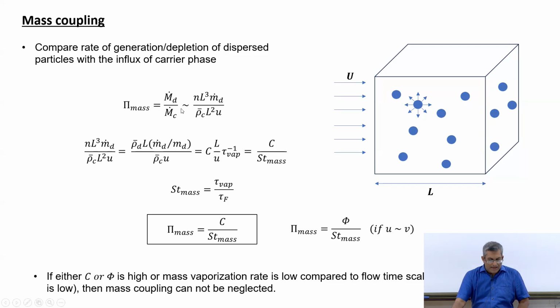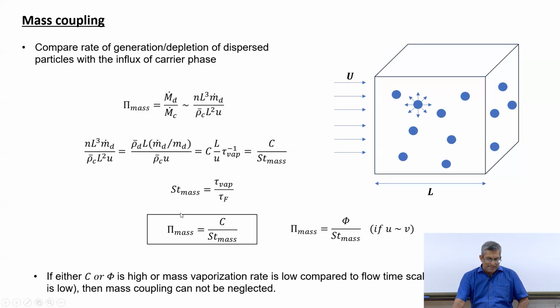By simplifying this expression, we see that this mass coupling parameter can be expressed as a ratio of the mass concentration, that itself is the ratio of mass of particles to mass of the carrier phase, to the Stokes number defined based on the mass transfer, that is, the ratio of the time scale of vaporization to flow time scale.